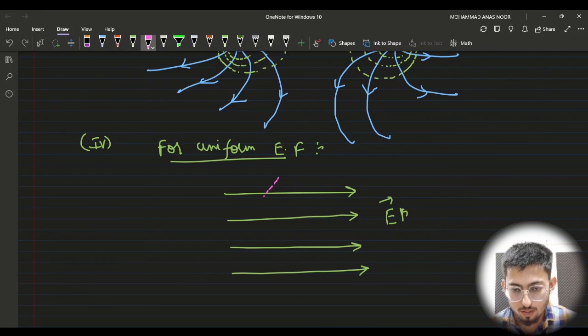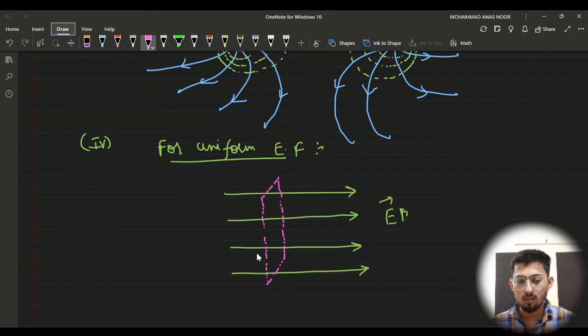Actually, it's in 3D, the whole plane inside the screen. This is the equipotential surface.